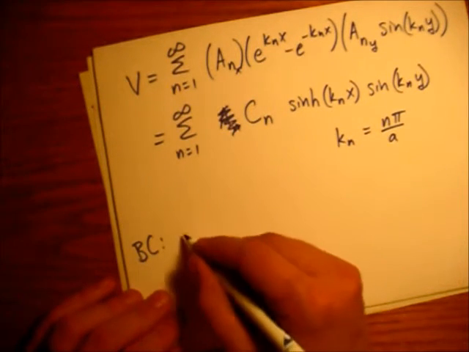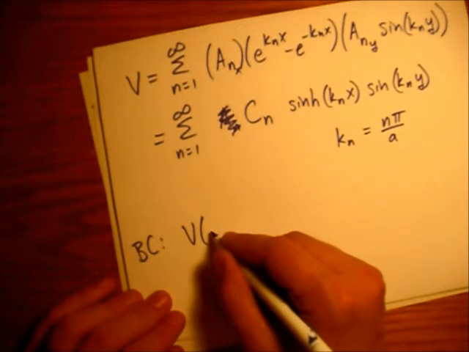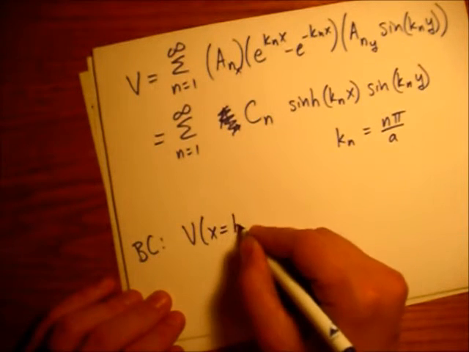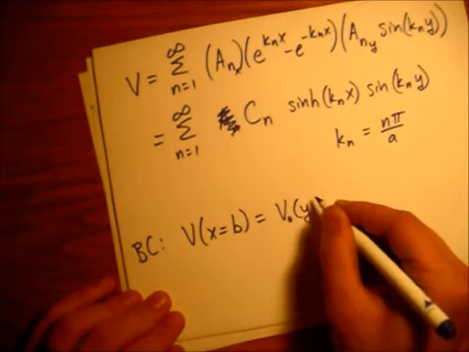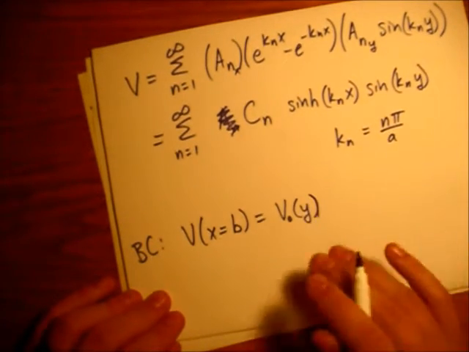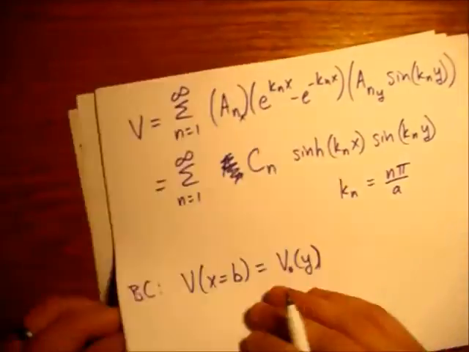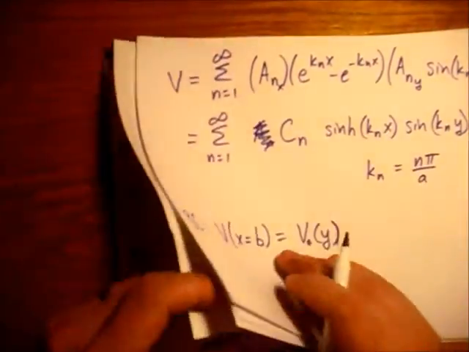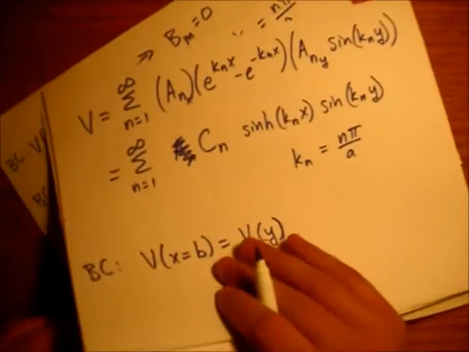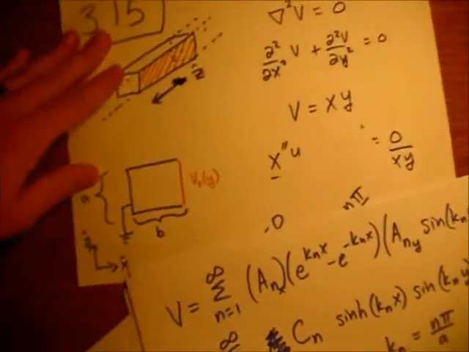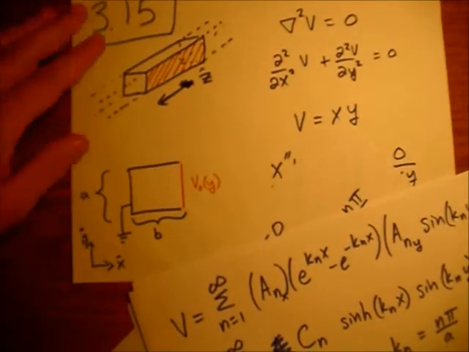V at x equals b is equal to v naught, which is a function of y. We're looking at this boundary condition again, which is our final side here, this orange side.